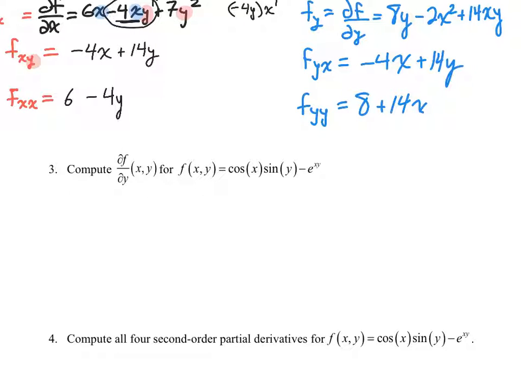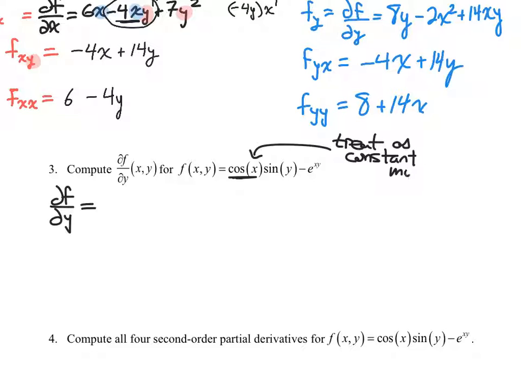All right, so partial with respect to y. This is a constant multiple. We're treating it as a constant multiple, and that would be the same for the other x, the one that's in the power of e.